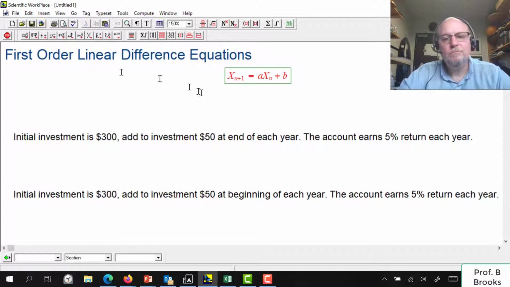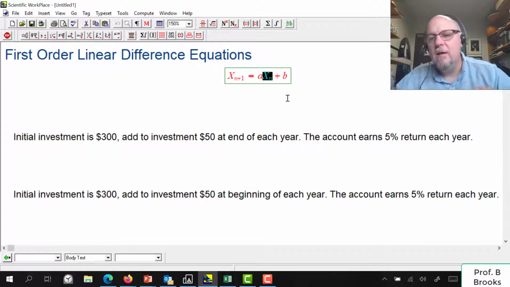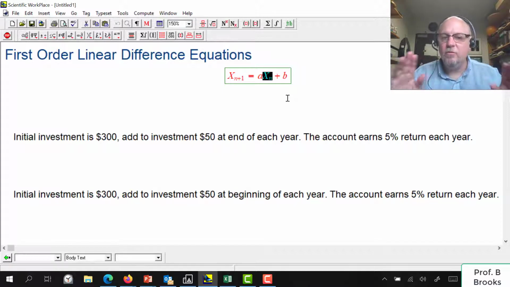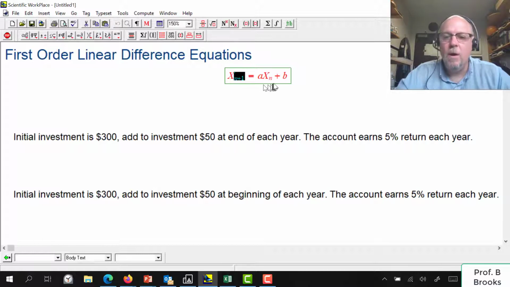First order refers to the fact that I only need one value to get the next value. There's only one step. If it was second order, then I would need how much money I had this year and how much money I had the year before that, plug it into some formula to get how much money I get the next year. But it's first order because the difference between the highest order term, n plus 1, and the lowest order term, n, is 1.